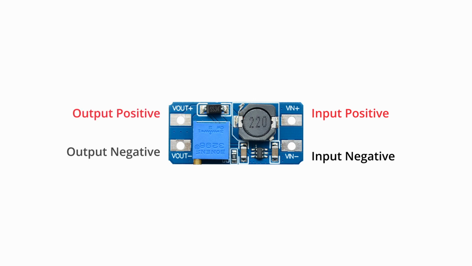The right side is the input terminal, in plus connects to the positive terminal of the power supply, in minus connects to the negative terminal of the power supply. The left side is the output terminal, out plus connects to the positive terminal of the appliance, out minus connects to the negative terminal of the appliance. The blue part is the adjustable resistor, which can be adjusted by turning the golden knob.